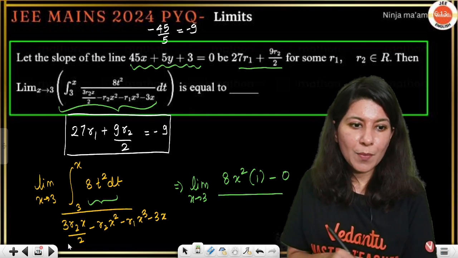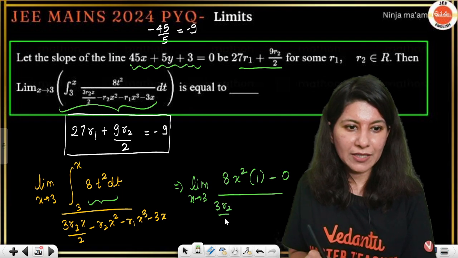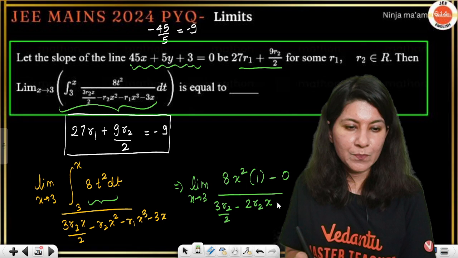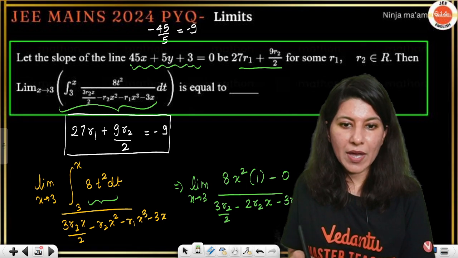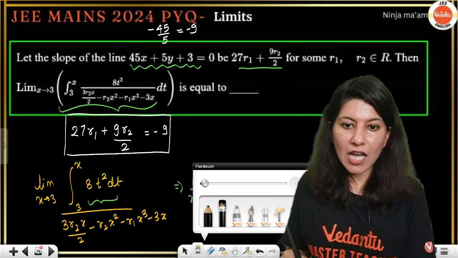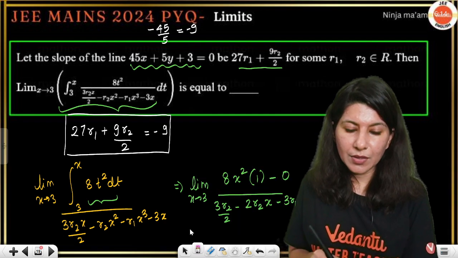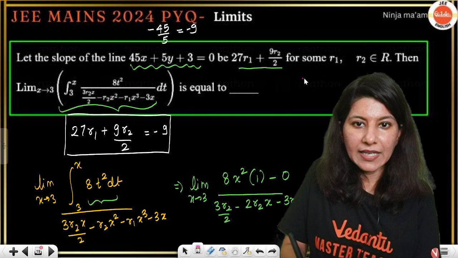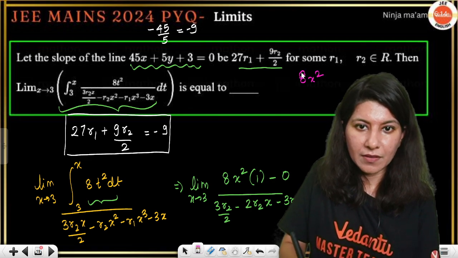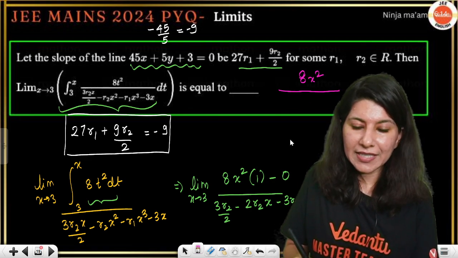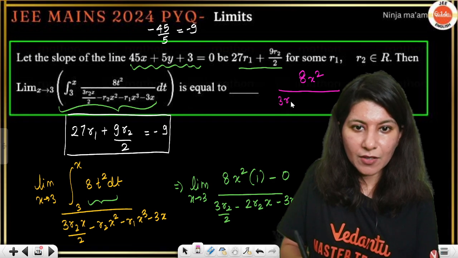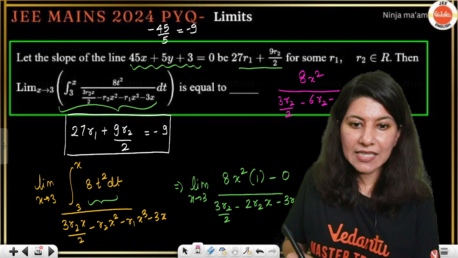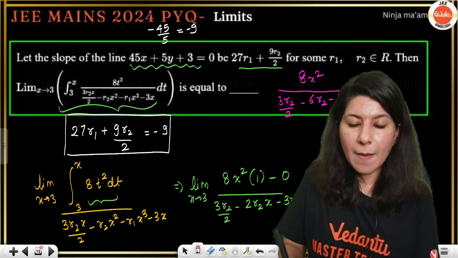Whole upon, now differentiate this: 3r2 by 2 minus 2r2x minus 3r1x square minus 3. Now you put x equals to 3, right? So the numerator is going to become 8x square, whole upon, now put x equals to 3 in the denominator: 3r2 by 2 minus 6r2 minus 27r1 minus 3.